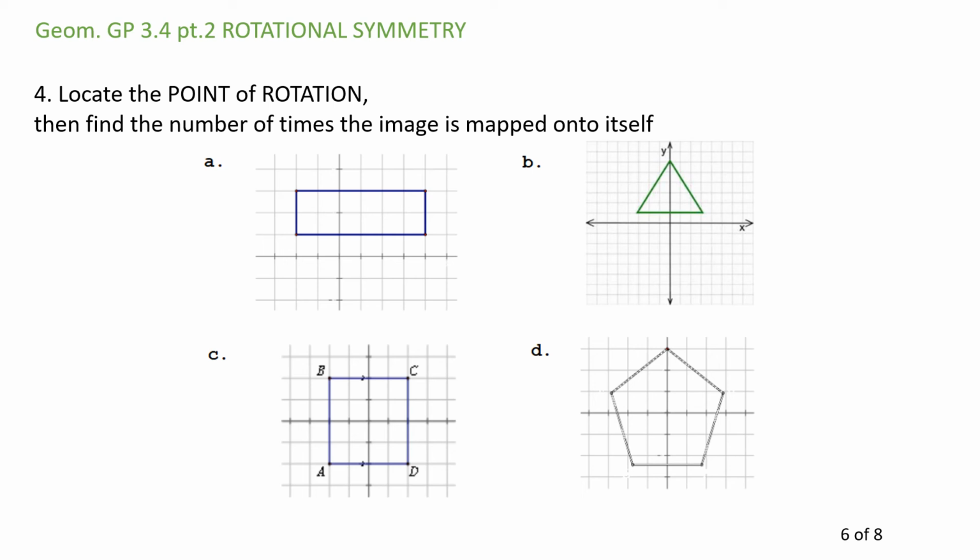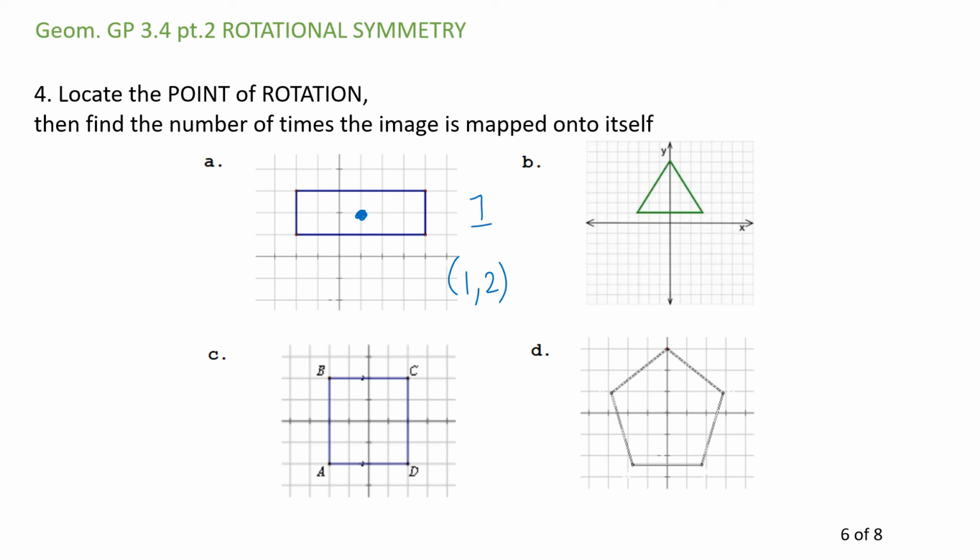The point of rotation is obviously going to be the point in the middle, and in this case, the point of rotation is 1, 2. And then it says how many times will it map onto itself in a 360 degree spin. Well, if you rotate it 180 degrees, it's going to be once, but then that's it. If you rotate it back around, you're not going to see it again. So this is only 1.